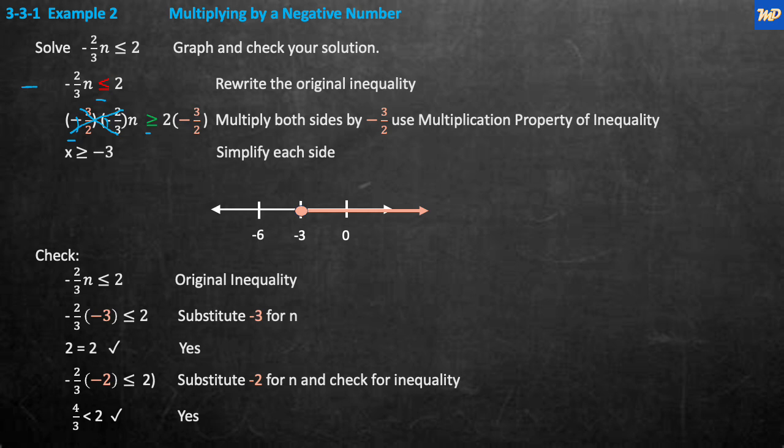and we're left with n is greater than or equal to what? The 2's cancel on this side, and we're left with, and it was a negative, right? Negative 3. So n is greater than or equal to negative 3.